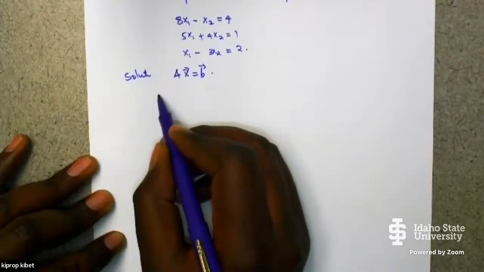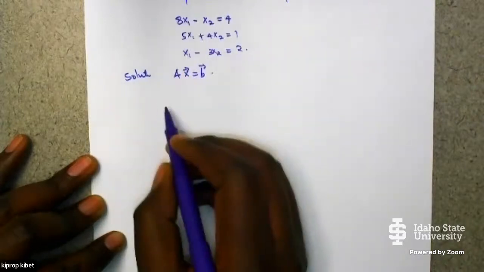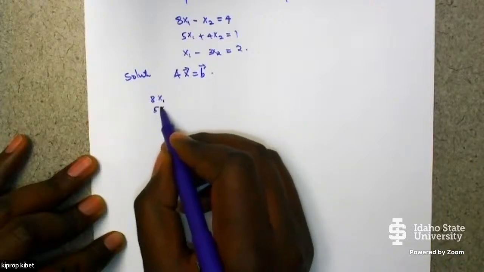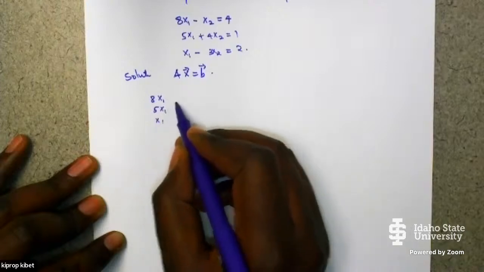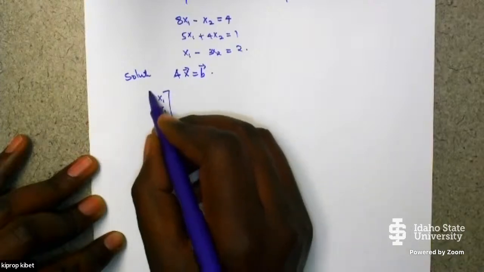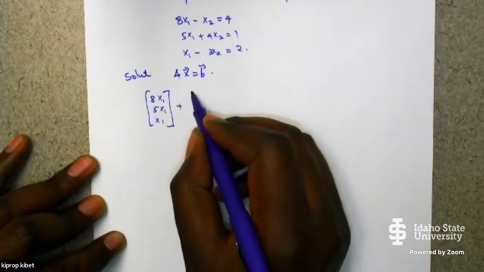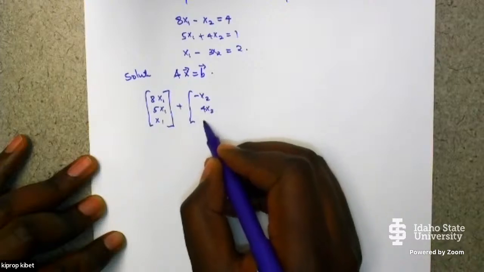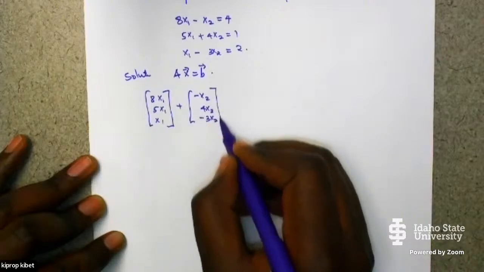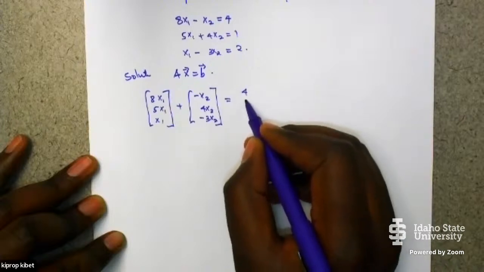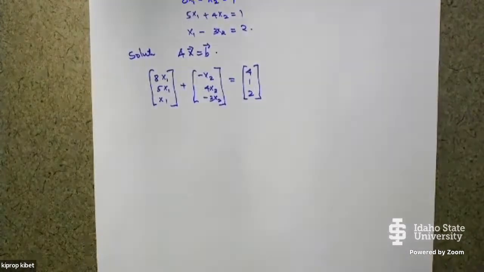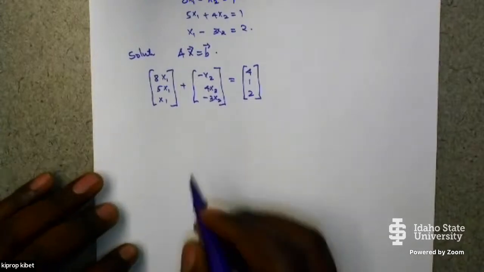We take 8x1, 5x1, x1, put it there, and then plus minus x2, 4x2, minus 3x2, equals 4, 1, and 2. Then we factor out the common variable.